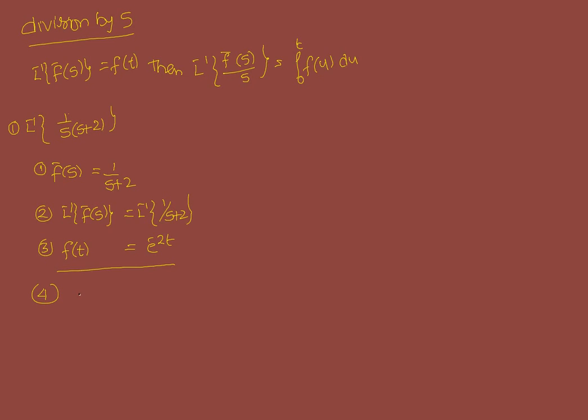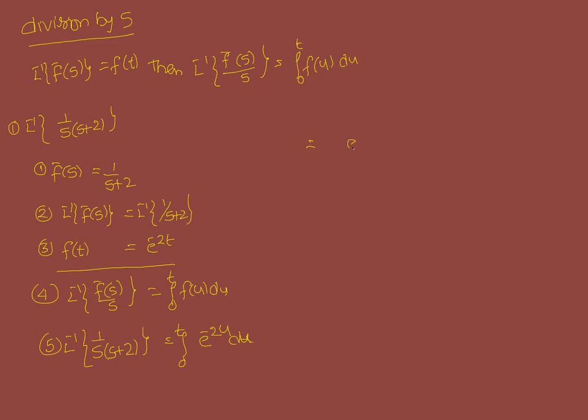Next, what you have to do is the L inverse of f bar of s by s, which is equal to the integral 0 to t of f of u du. L inverse of f bar of s by s, that means 1 by s into s plus 2, is equal to the integral 0 to t of e power minus 2u du.